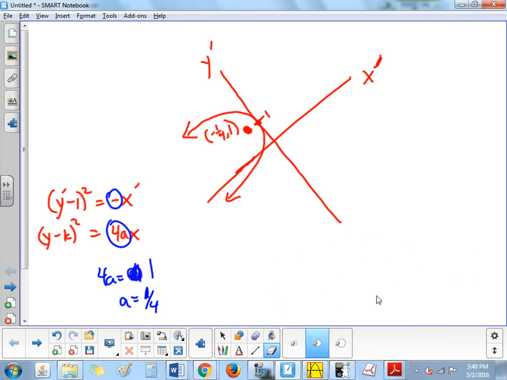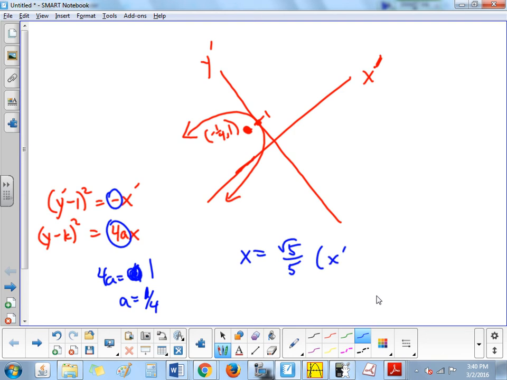I had a nicer way to write this, remember? Remember when we wrote x was basically rad 5 over 5 times x prime minus 2y prime, right? And then y, we wrote that as rad 5 over 5, and then it was 2x prime plus y prime. Okay, we can just use that. We'll just substitute in these two numbers into this situation.